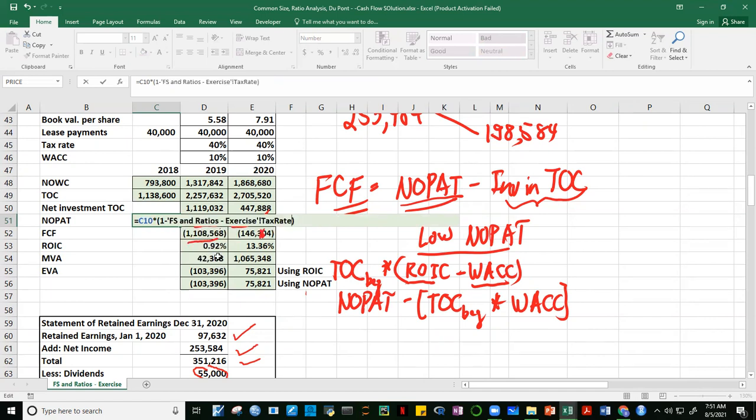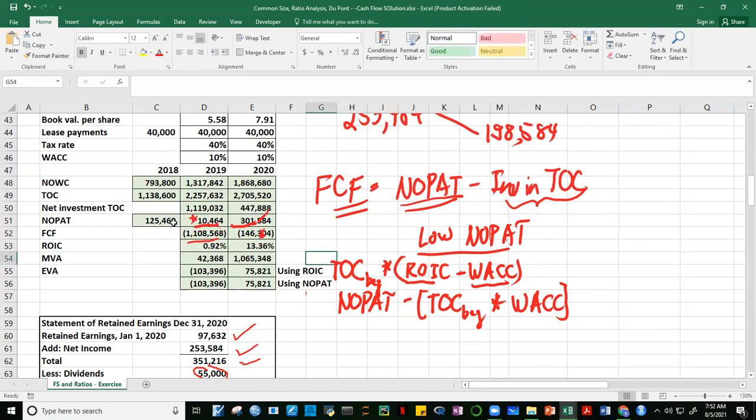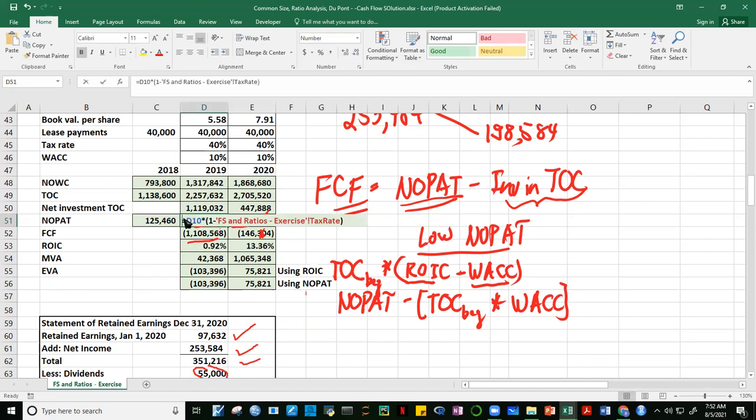Okay? So I can use this. Anyway, it's the same, 40% din yan. Okay, so that's the EBIT times 1 minus tax rate. Okay, so you have this. I just copied the formula here. So pareho lang siya.